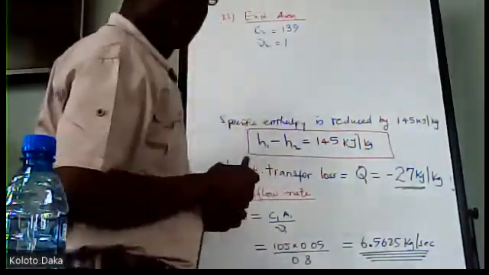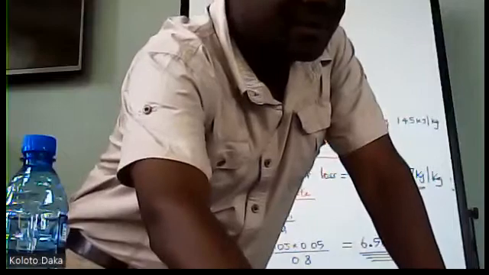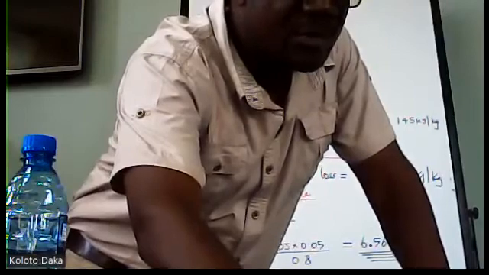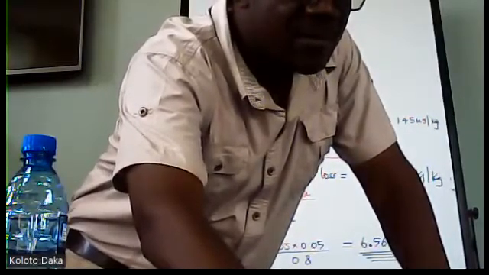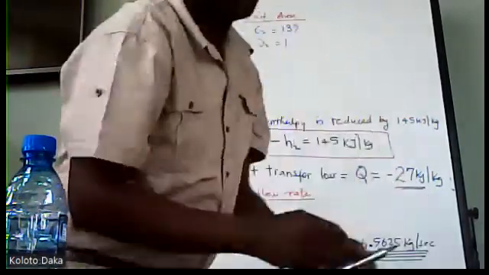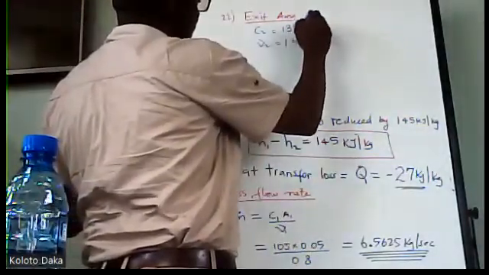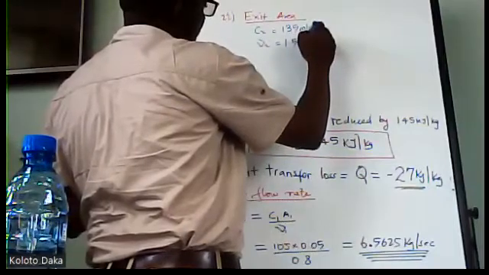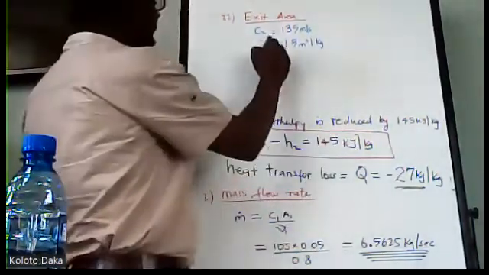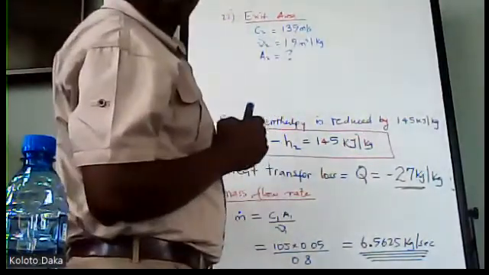No, read the question. At exit, the area has a velocity of 135 meters per second and has a specific volume of 1.5. Okay, it's 1.5. And the area, we don't know. That's the one they want us to find.